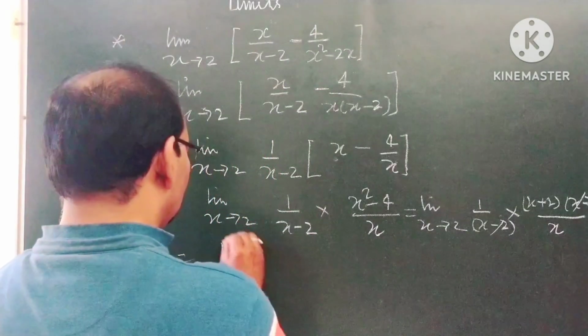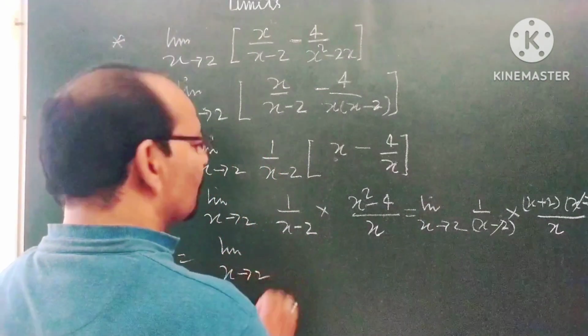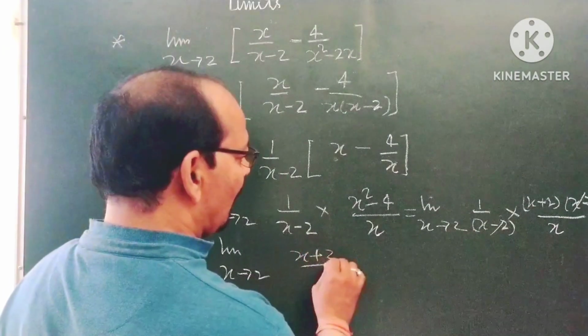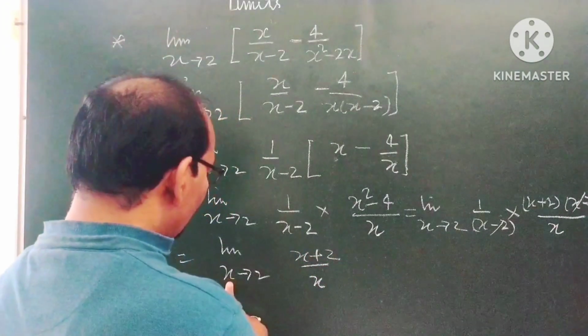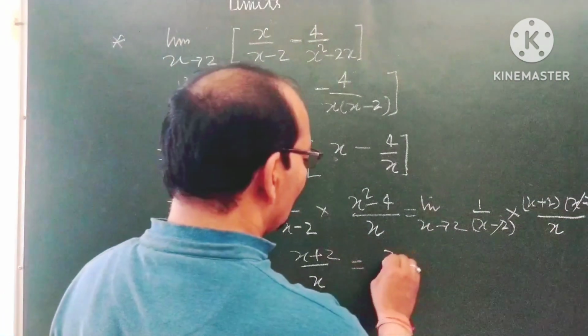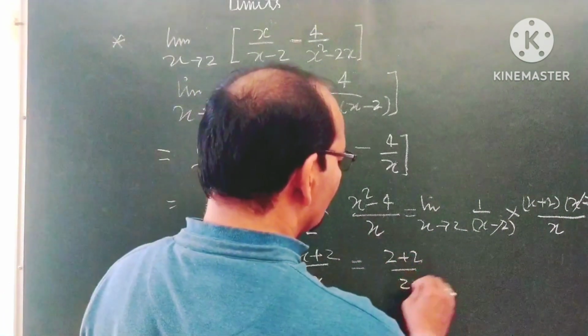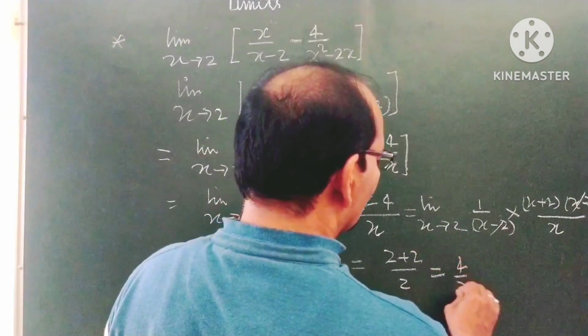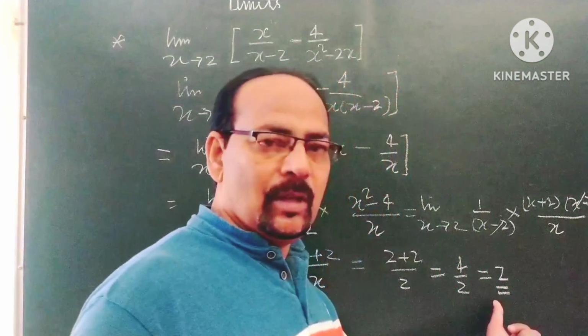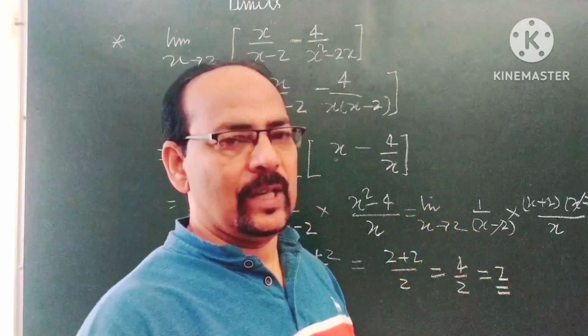Therefore, limit x tends to 2 will be x plus 2 by x. Put the value x equal to 2 here. We get the value 2 plus 2 by 2 is equal to 4 by 2 is equal to 2. This is the limit of this function.